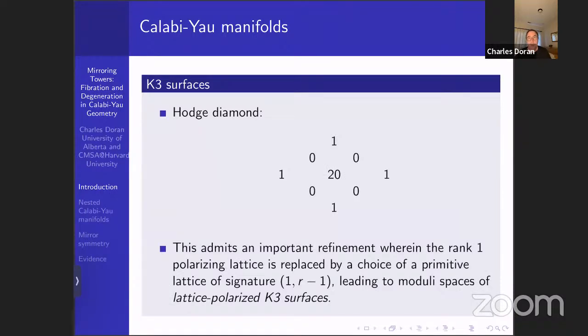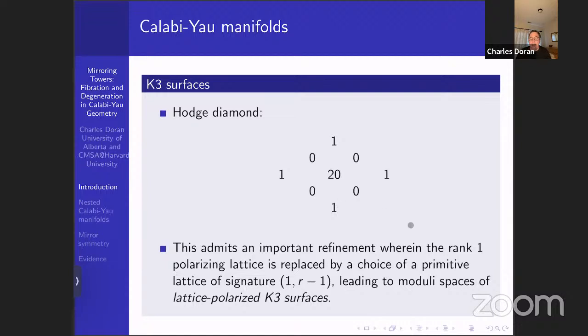As I mentioned, we have these different notions of polarization. And I also mentioned that if you have a 2 polarization and a 4 polarization, say, you could have both, 2 different kinds of polarizations on the K3 surface. And what that means is that you're able to get an enhancement to your polarization from being polarized by, if you like, a single class to multiple classes generating a lattice.